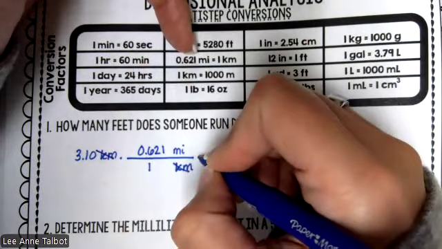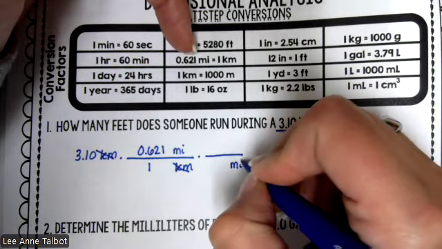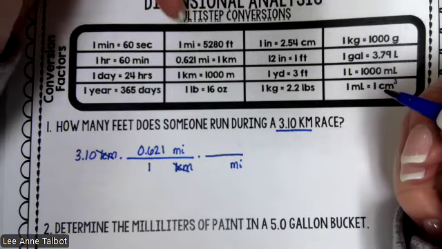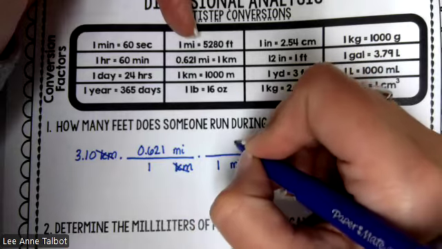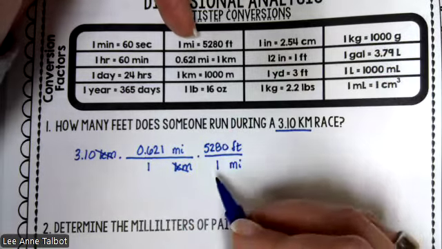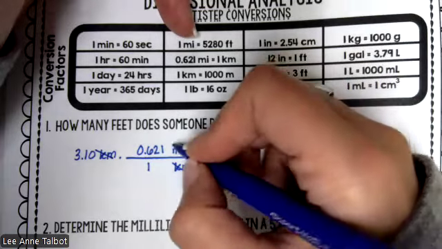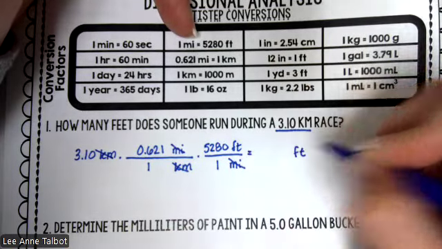And then I cross out the kilometers. Okay, and then I know miles needs to go on the bottom because I need to cross it out. So I'm going to go to this box. 1 mile is 5,280 feet. And now my final units are feet.